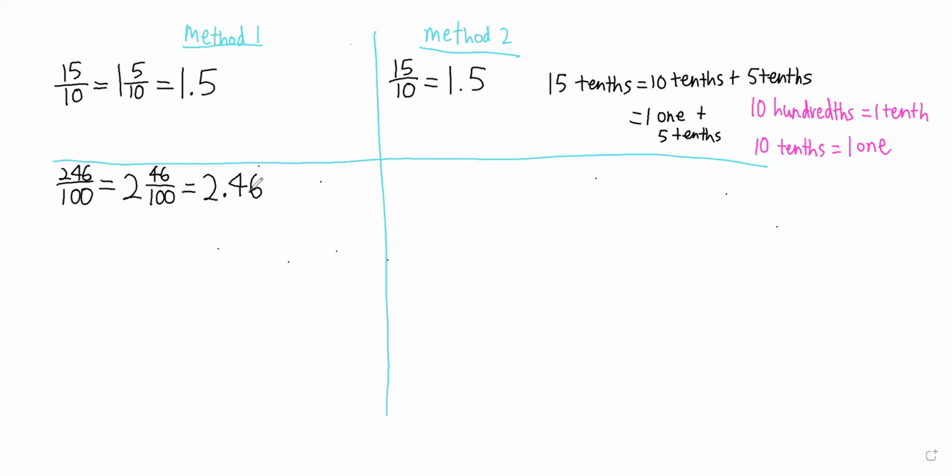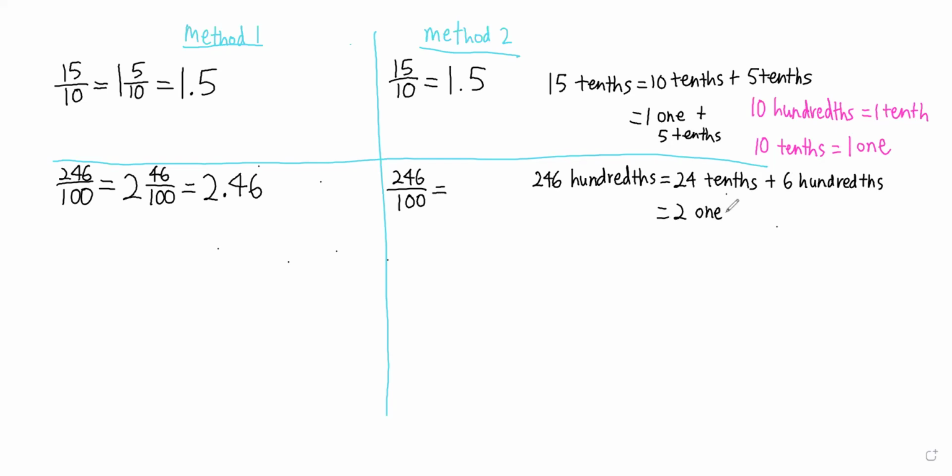Method 2, I can do the same thing. So how it works is that in my head, I need to be able to mentally calculate that 246 hundredths, so now it's hundredths because my denominator is 100, is actually 24 tenths and 6 hundredths, which is 2 ones, 4 tenths, and 6 hundredths.